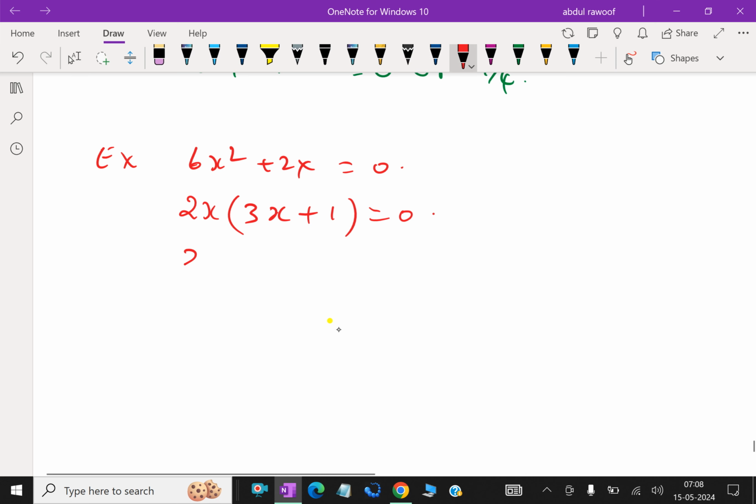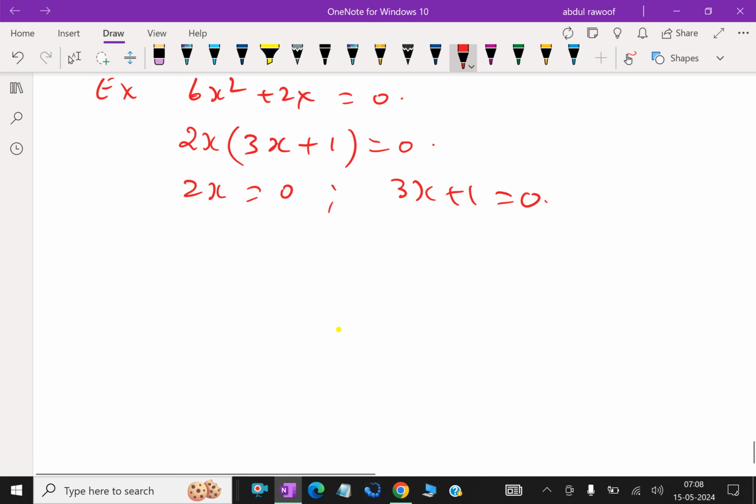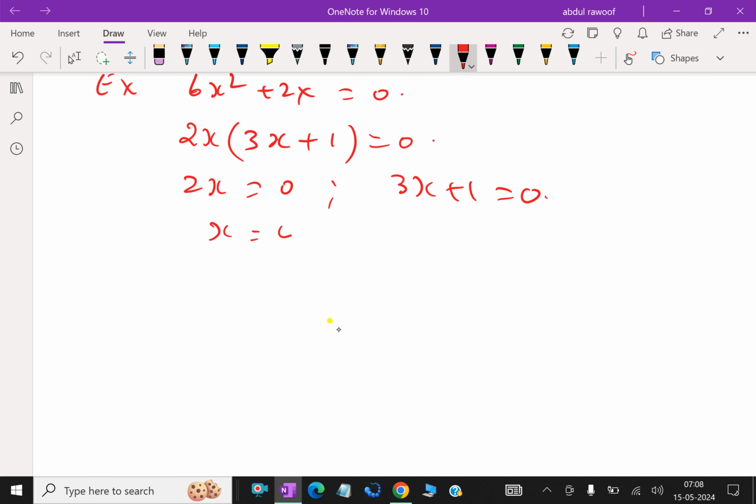Therefore, 2x equals 0 and 3x plus 1 equals 0. From that, x equals 0 over 2, and 3x equals minus 1. Therefore, x equals 0 and x equals minus 1 over 3.